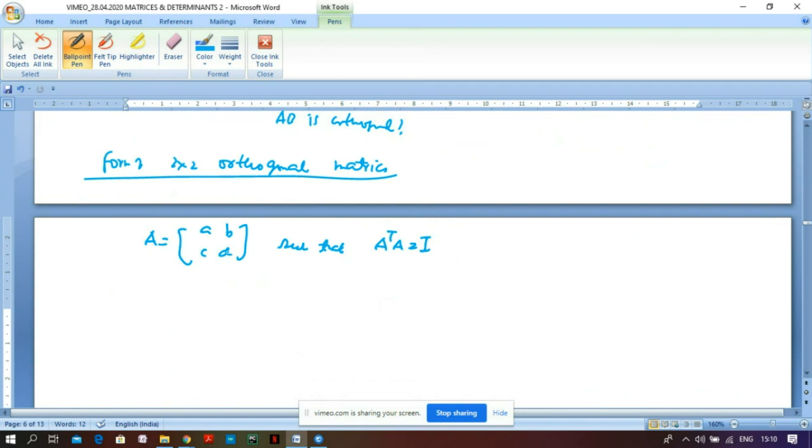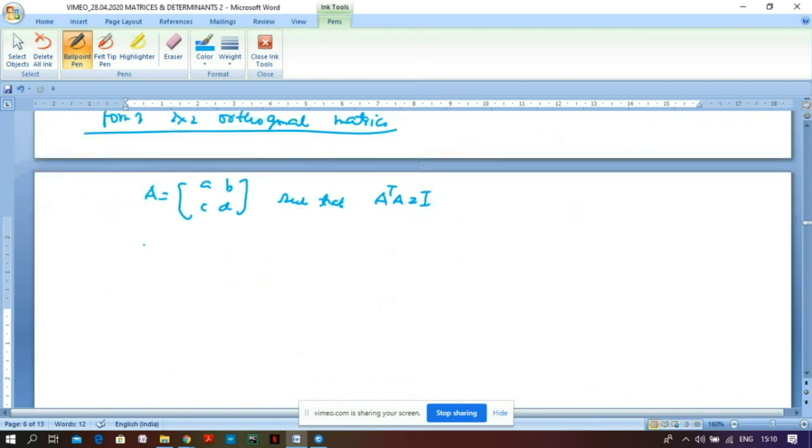So now we can write them as a, b, c, d. So A transpose A will be, so A transpose, I can write a, c and b, d, times a, b, c, d.